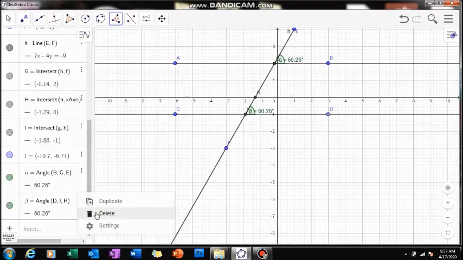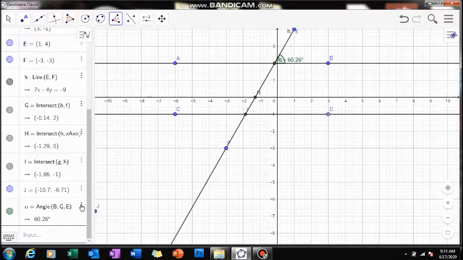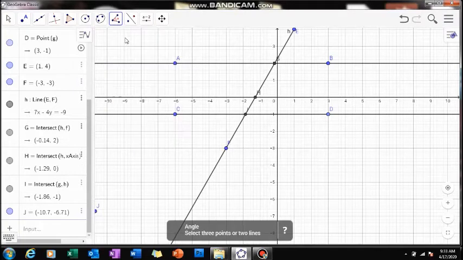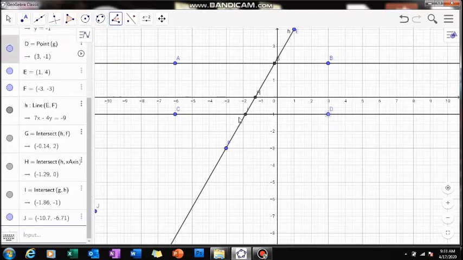Then we will solve the second problem. It's about alternate interior angle, or sudut dalam berseberangan. One of the sudut dalam berseberangan is DIH and AGH. So we will solve.